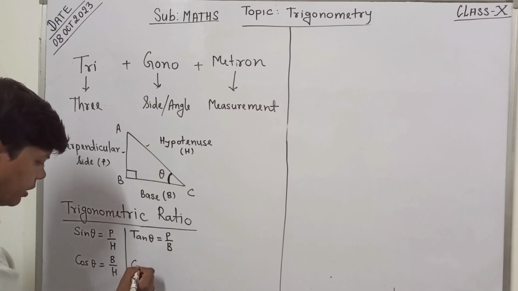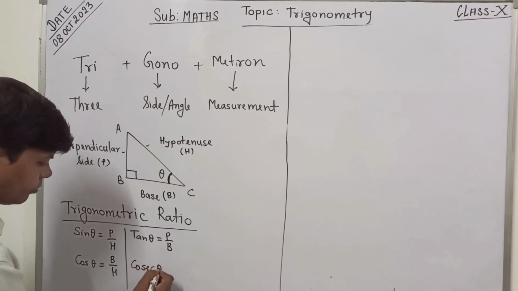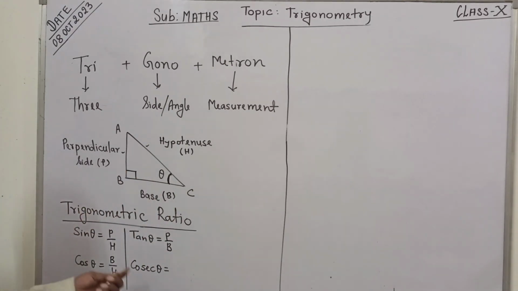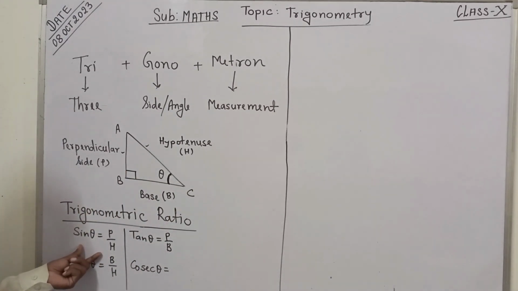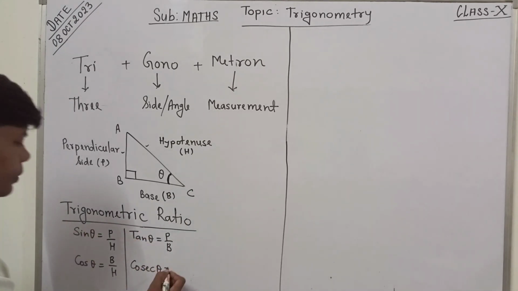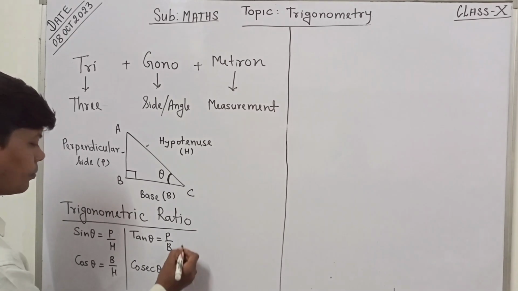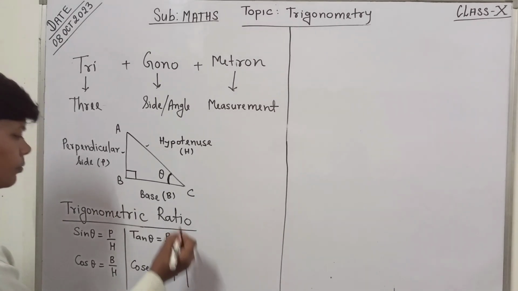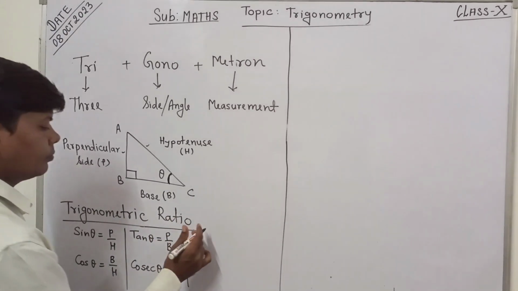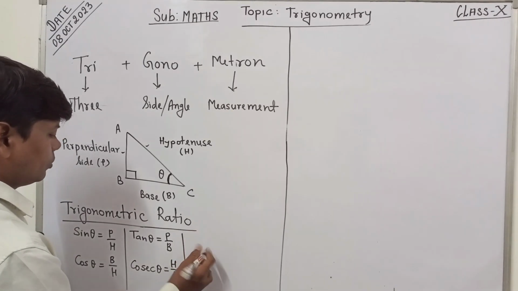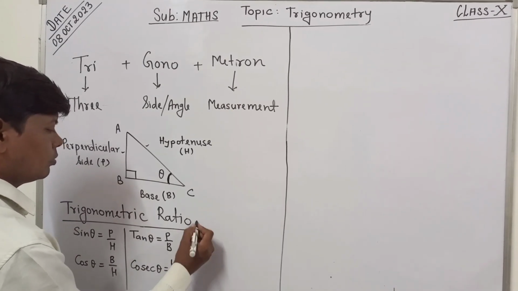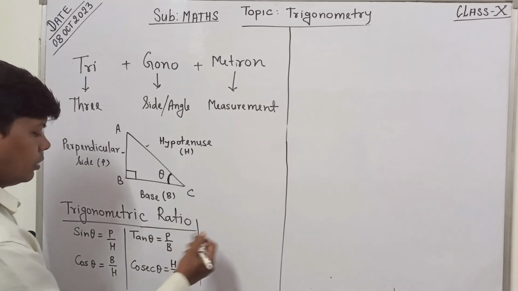And next, cosec theta. Cosec theta is the reciprocal of sin theta. Sin theta is P upon H, so cosec theta will be H upon P. And next one, sec theta.